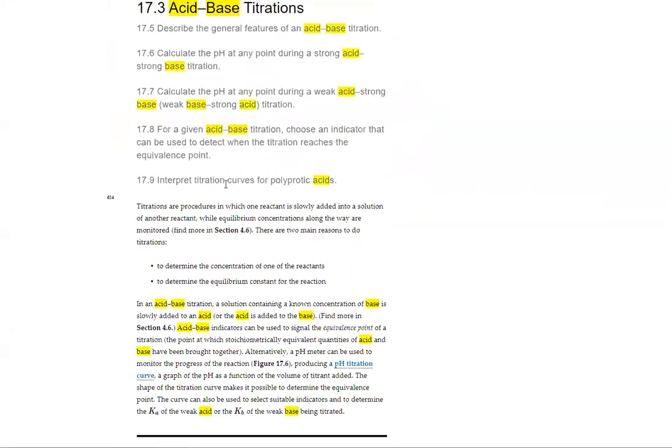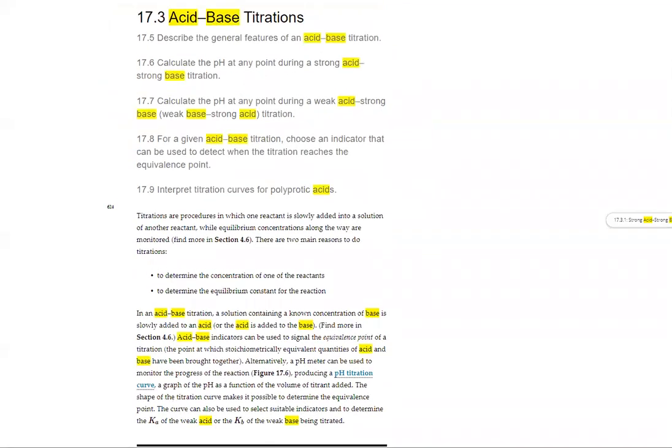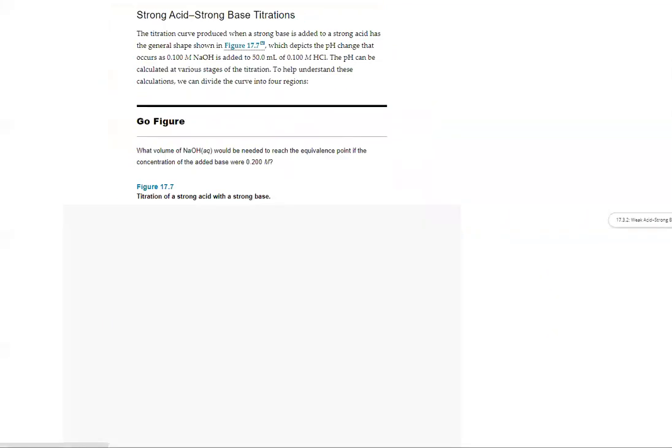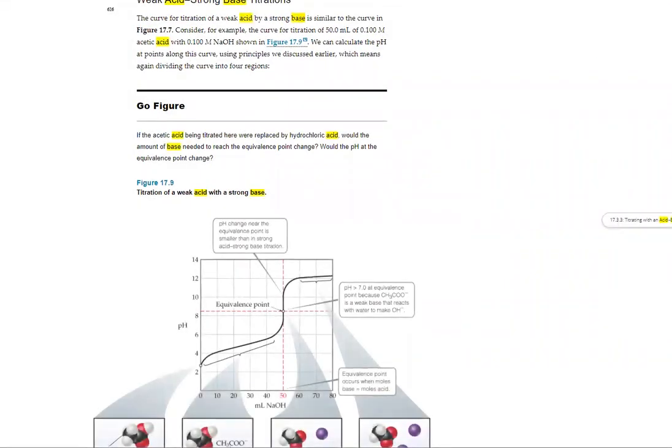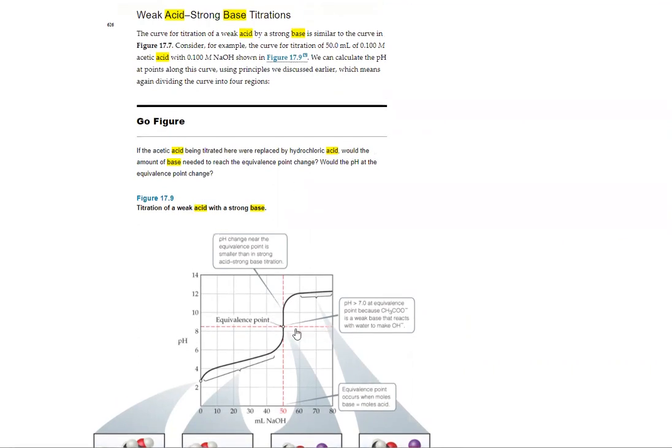Moving on, acid-base titrations. You don't need to really worry about that for now, so I'm going to skip past that. All you need to know is that the equivalence point is the point where it's going to have a greater concentration of OH or H plus, and that's where it's going to change over.